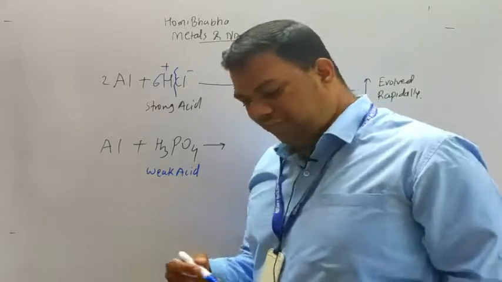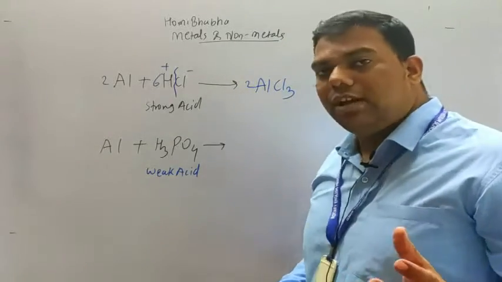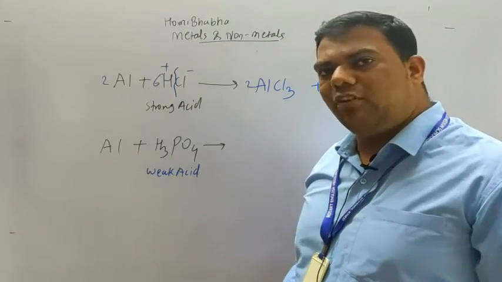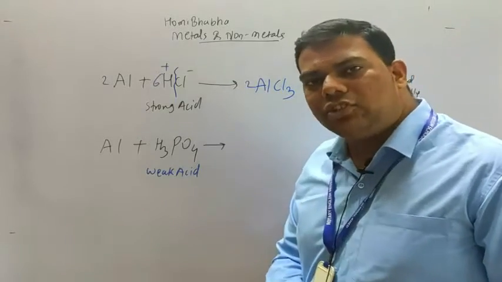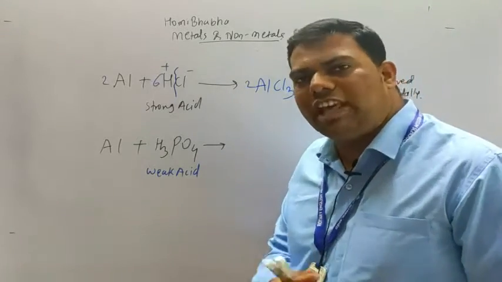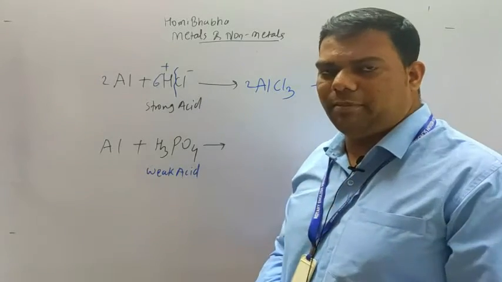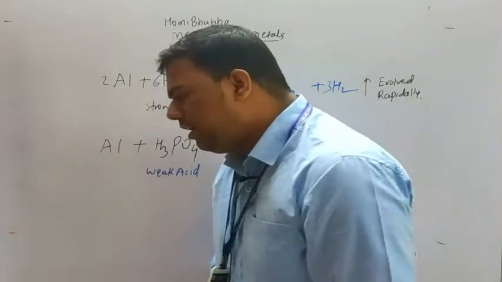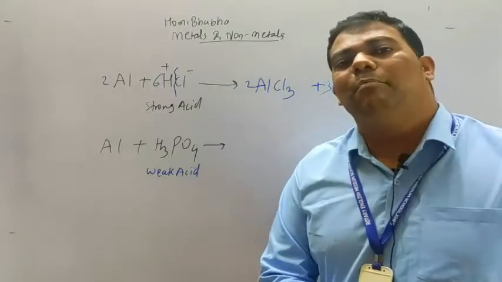So the rate of displacement of hydrogen gas from the acid also depends on the electropositive character. Keep this in mind: the rate of displacement of hydrogen from acid depends on the electropositive character of that metal.